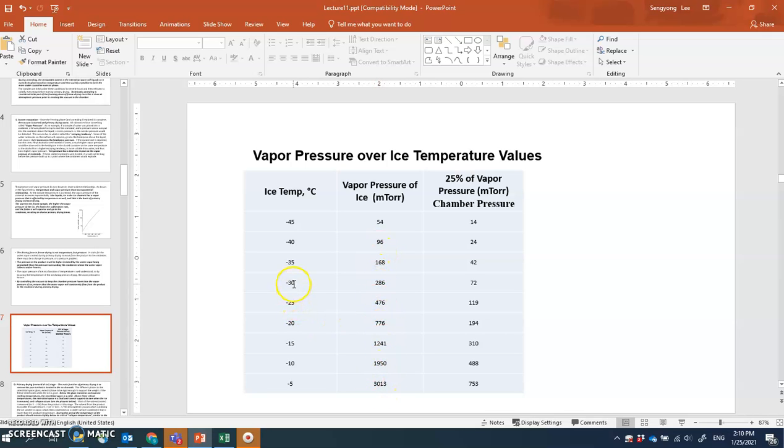Maybe minus 30, minus 5 all the way, it's at 30, 13, compared to outside 753. So there's definitely a big gradient established between the vapor pressure inside a vial and the pressure of the freeze dryer chamber. So that's how the vapor will travel from the vial to the outside condenser area.